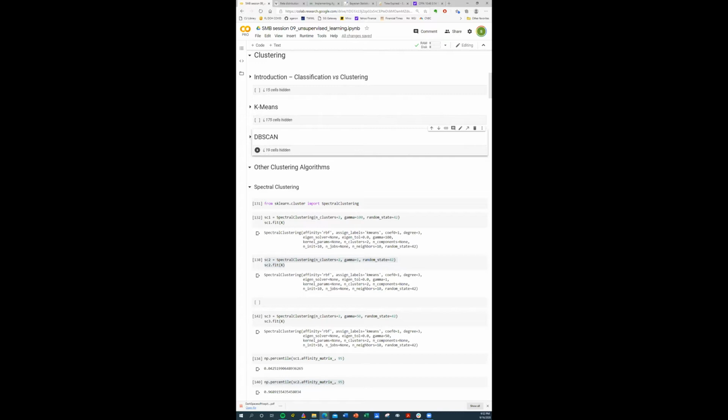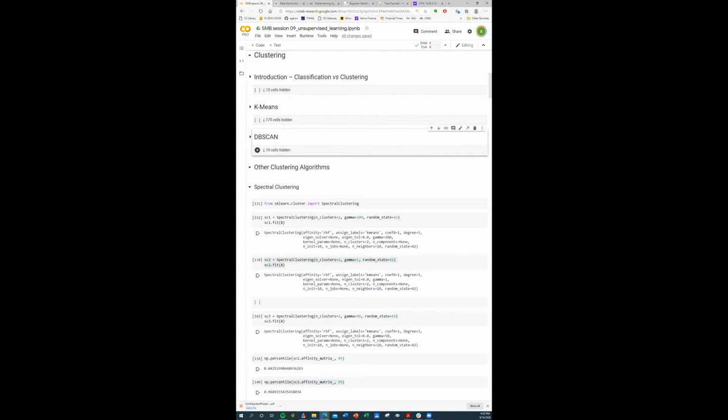But the problem with it is that you have to set the number of clusters, n components, to a value that is greater than the optimal number of clusters. The algorithm then goes and eliminates the unnecessary clusters automatically.